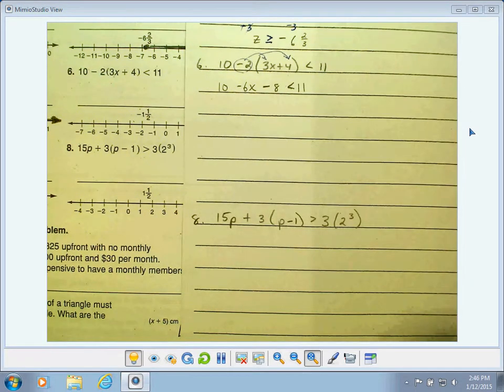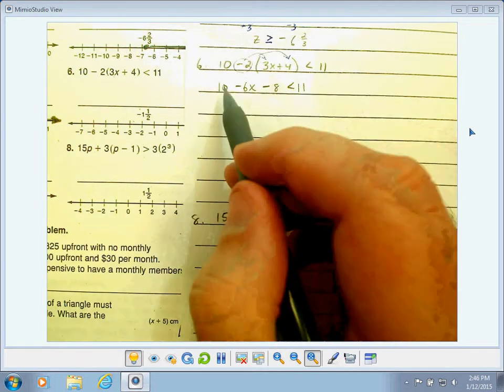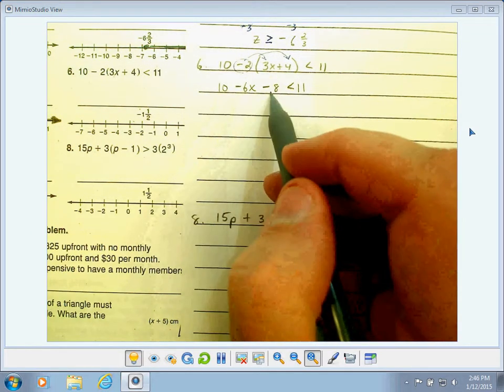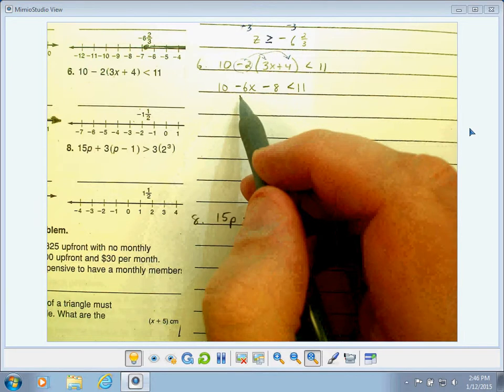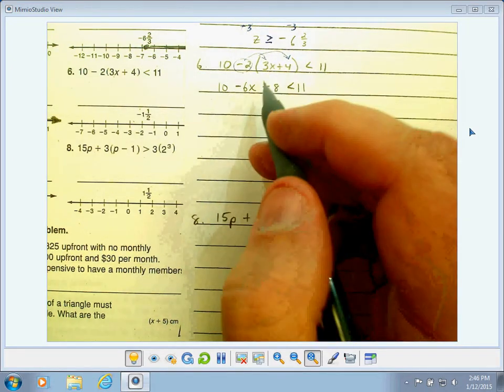We're not done simplifying yet, though, because now we have some like terms to take care of. So I have a positive 10 and a negative 8 that are like terms. The 6x is not a like term. So positive 10 minus 8, well, I think we all know 10 minus 8 is 2.